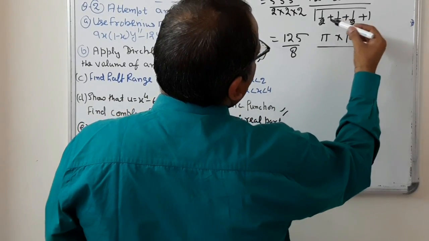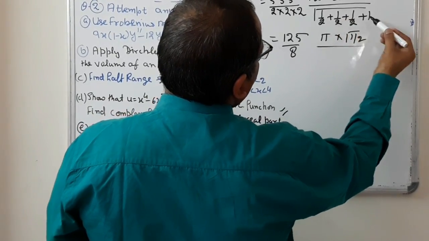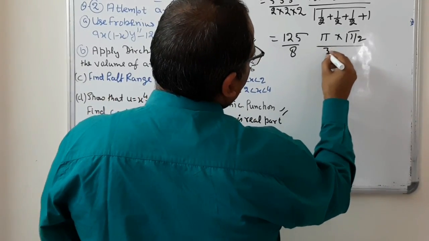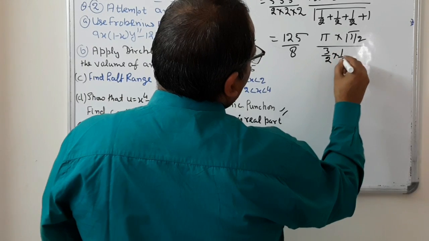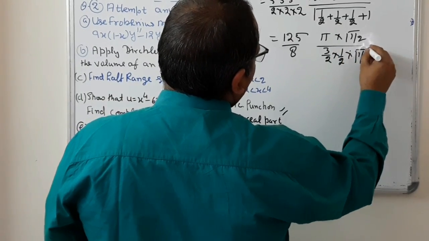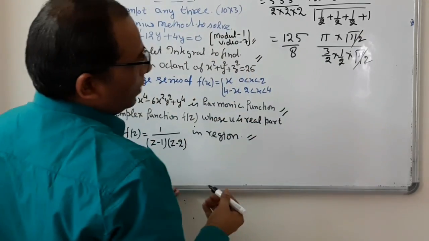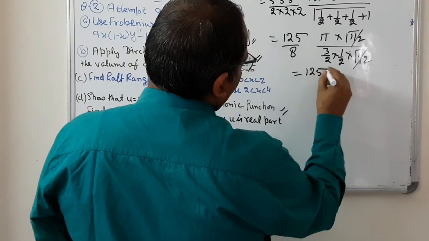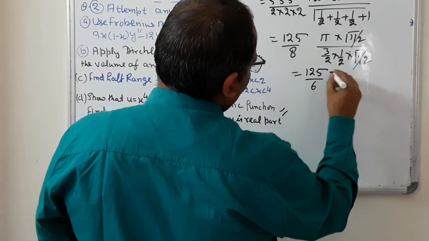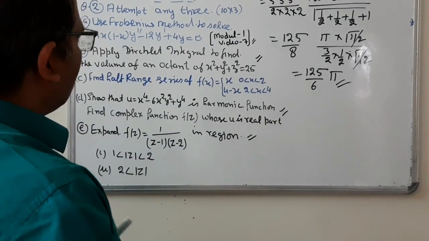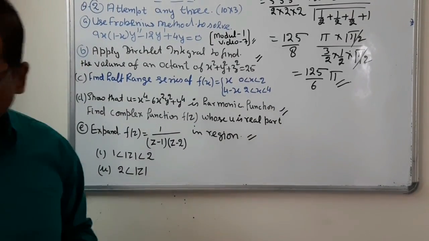From here we get gamma of 5 by 2, which we can write as 3 by 2 into 1 by 2 into gamma of 1 by 2. Gamma 1 by 2 cancels out and this is equal to 125 upon 6 pi. This is the answer of the first one, part B.